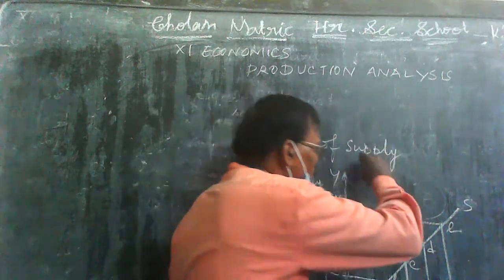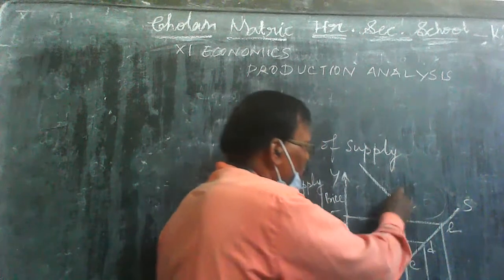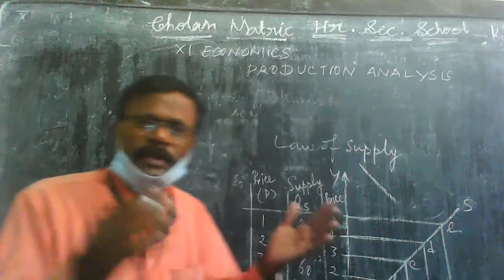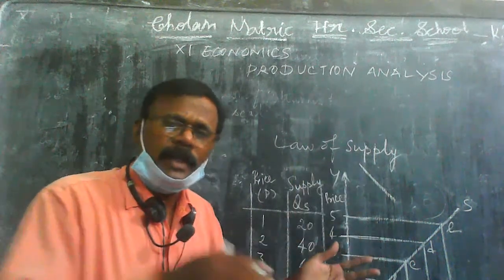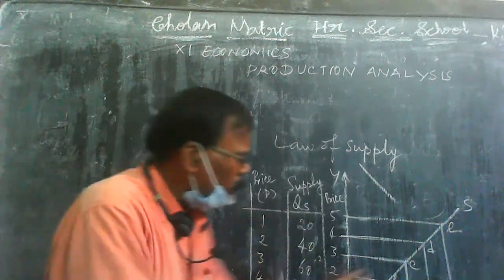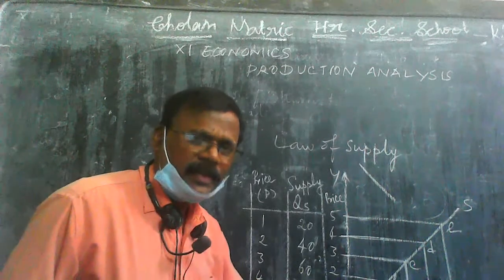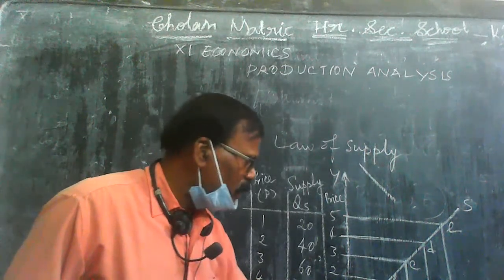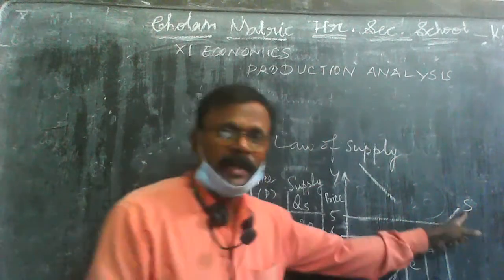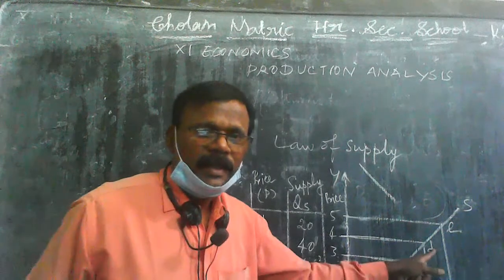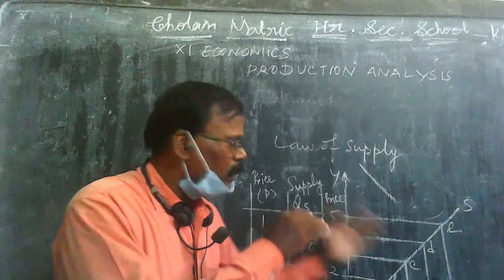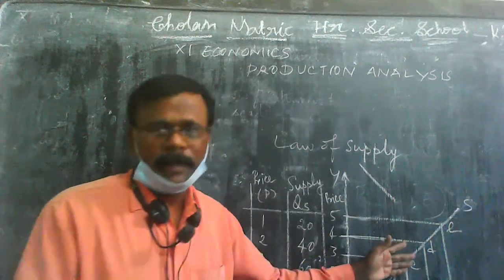So this is the nature of demand curve. Whereas supply curve, since there is positive relationship between the price of a commodity and the supply of that commodity, the nature of the supply curve is positive. That means it has a positive slope from left to right. So this is the main difference between the nature of curve of the demand and supply.